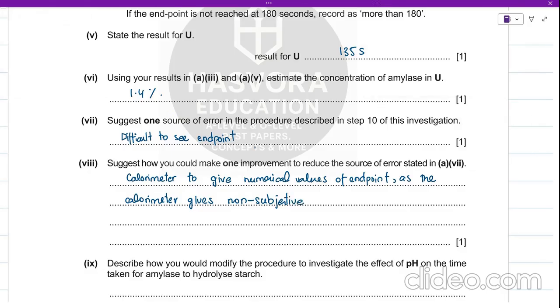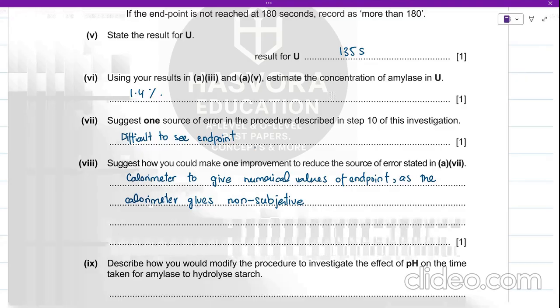Non-subjective means that the eye is not the only thing measuring. When there is a very low concentration of starch remaining, there can be a light brownish color, but we cannot see it properly with the eyes, because our eyes have a certain limit and we cannot observe certain hues and colors.